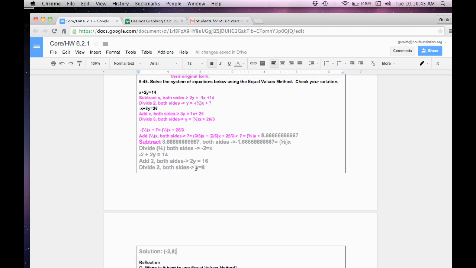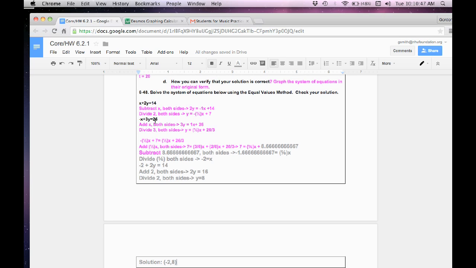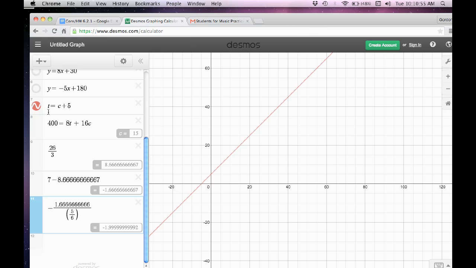And when we put these two equations into Desmos, we should get a solution of negative 2, comma 8. So let's see what happens. We'll deselect everything else.